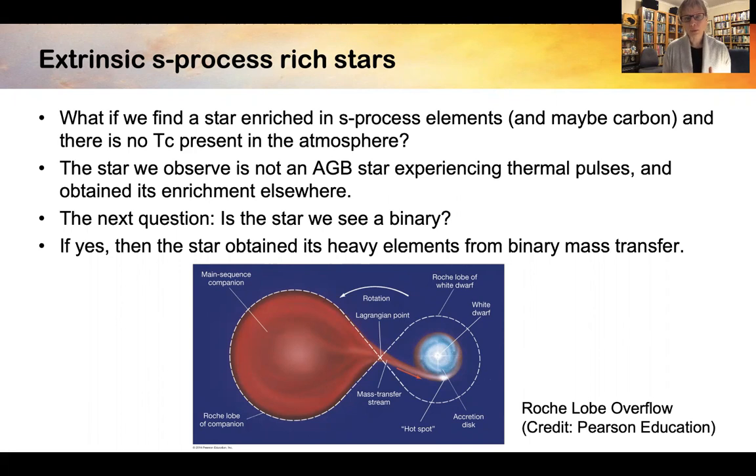Often one thing we want to know is, is the star a binary? If it is, then we can be sure that it obtained its elements through binary mass transfer, especially if the companion is a white dwarf. And with barium stars, they're all binaries, 100% of them, and they all have white dwarf companions. So that's kind of tick, tick, tick. This star received its S process through binary mass transfer.